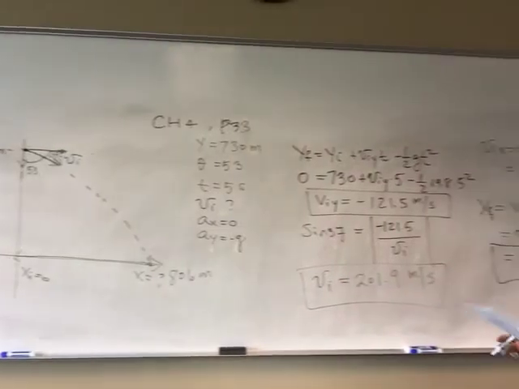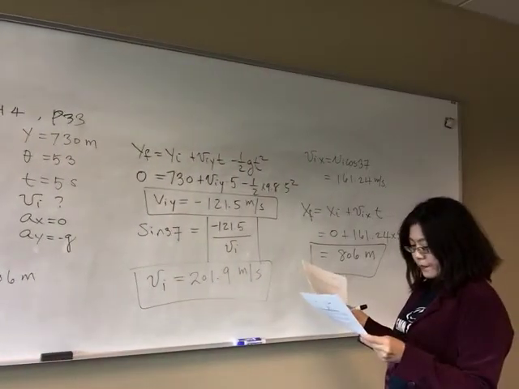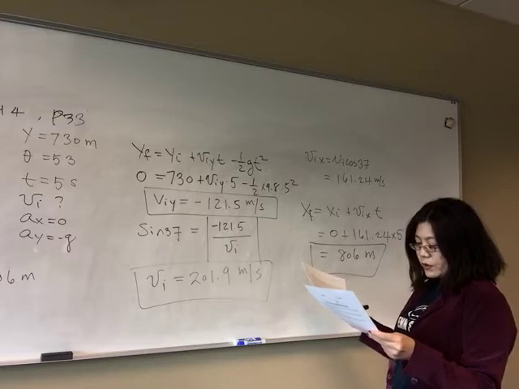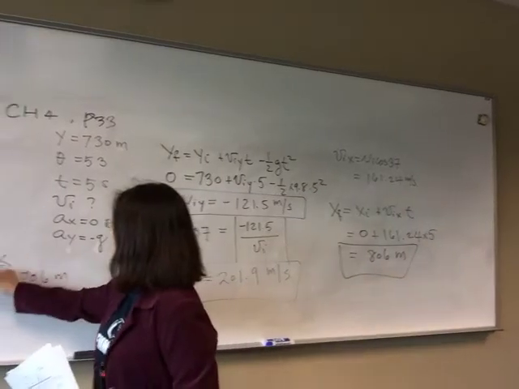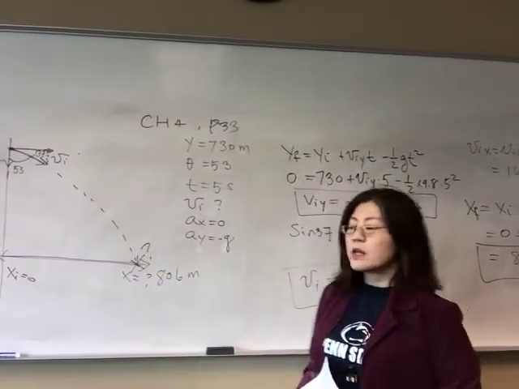And then you're asked to find the horizontal and the vertical components of velocity just before it strikes the ground. So what is the velocity at that point?